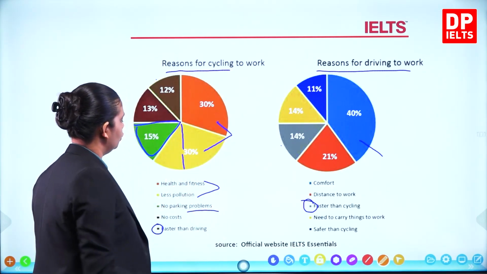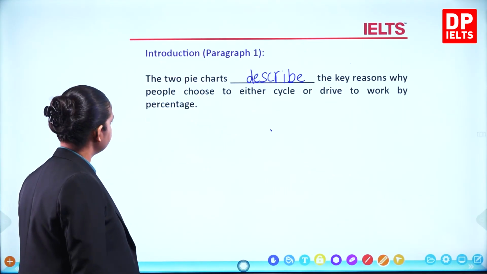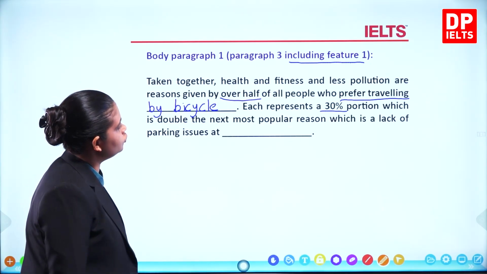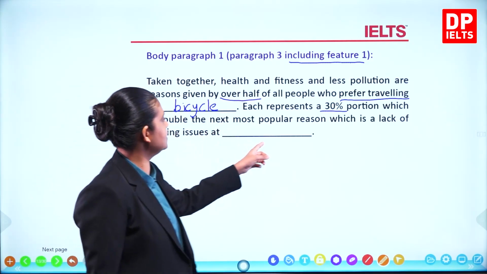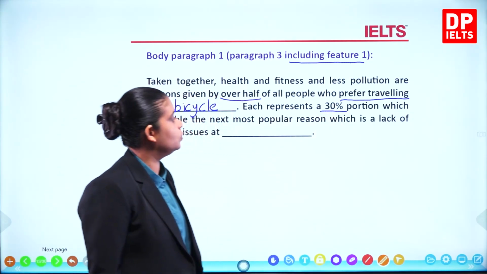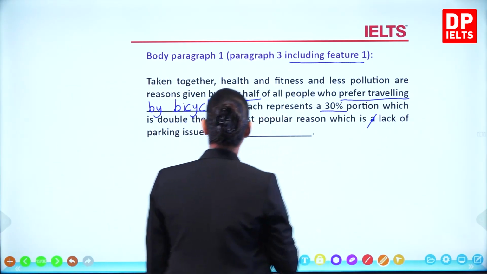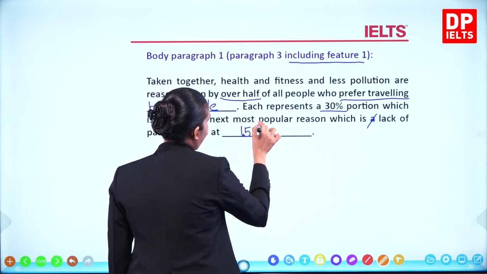And that is no parking problems. That's why they cycle to work. So each represents a 30% portion which is double the next most popular reason, which is lack of parking issues at 15%.